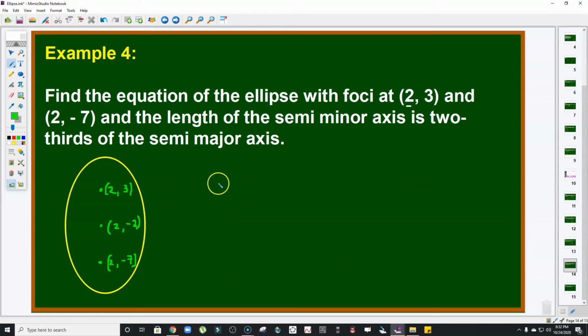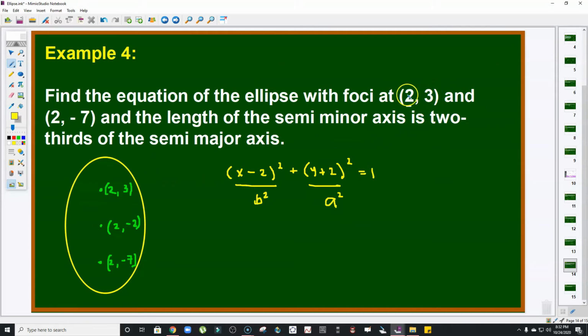So, meaning to say, kung yan yung center ko, i-ready ko na lang yung equation ng ellipse ko. I already have (x minus 2) squared over b squared, then here, I have (y plus 2) squared over a squared equals 1. Once again, kung vertical yan, this will be my a squared, then this one will become my b squared.